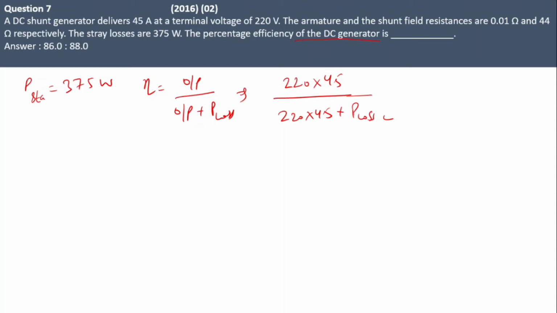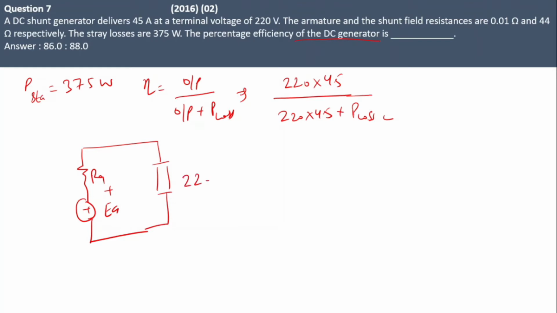How will we find them? This is a DC shunt generator. So this is Ra, Ea, Ra. Generator means Ea will deliver to the load. Load is connected here. This is the terminal voltage, how much? 220 volt. And this is the shunt resistance RF, how much? 44 ohm.